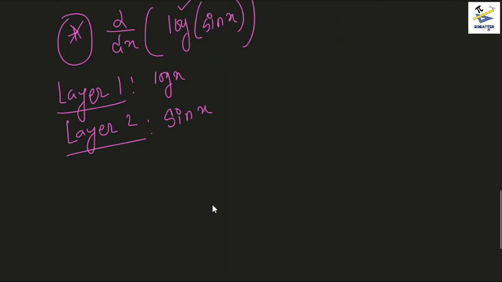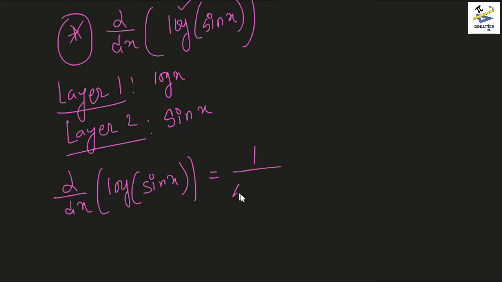Now, the answer can be written directly if we have that in mind, because we differentiate one by one and we keep on doing that until we reach the inner bottom where x is present. So d/dx of log of sin x is simply equal to, firstly we do the d/dx of log x, which is 1 by sin x, and then we do the differentiation of sin x, which is cos x, right?